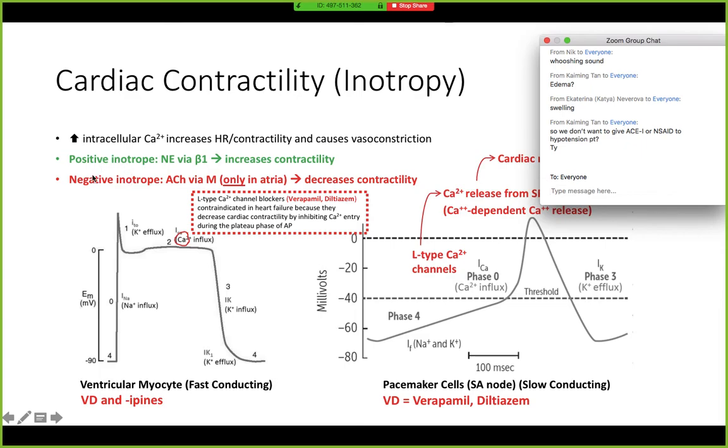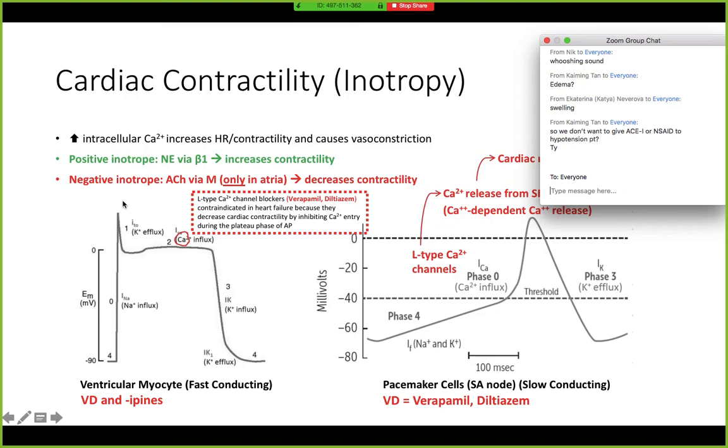So we have what are known as positive inotropes and negative inotropes. And your positive inotropes are going to work via norepinephrine activation of your beta-1 receptors. So that sounds familiar from autonomics, right? So that's going to increase contractility.